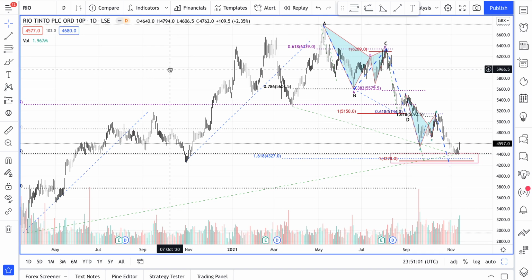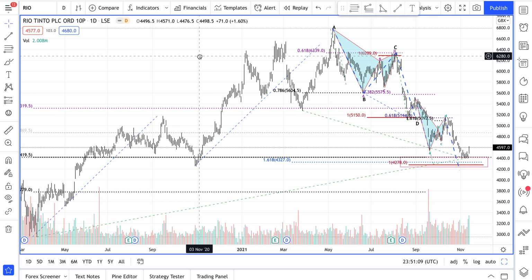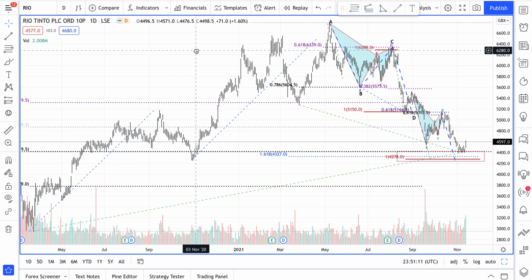There is also something very interesting around this point, because it's a confluence level of a few other patterns coming together.